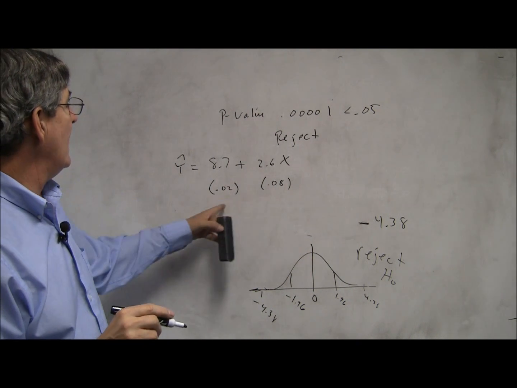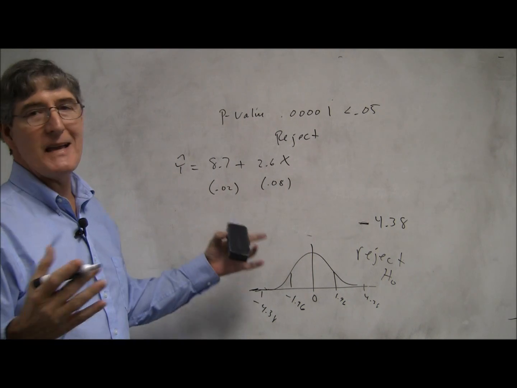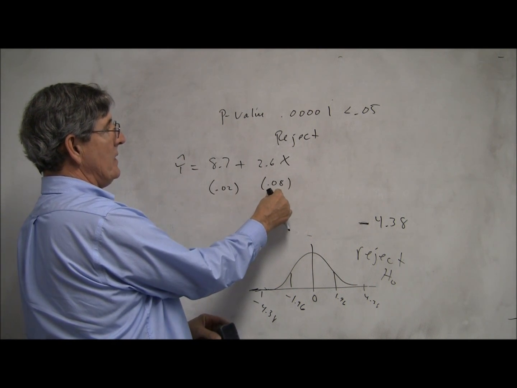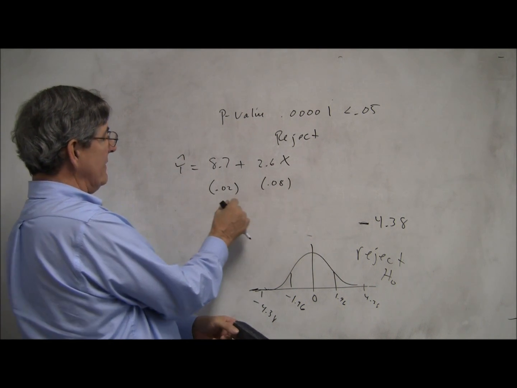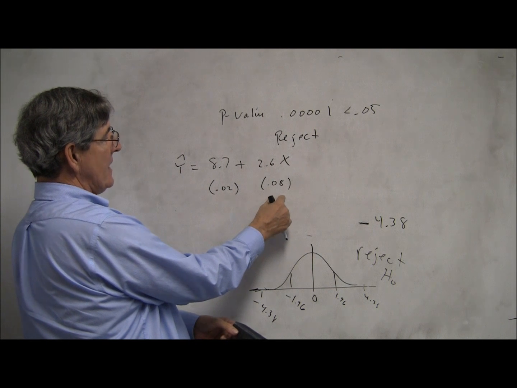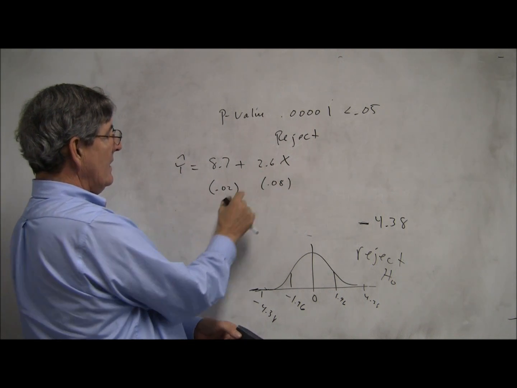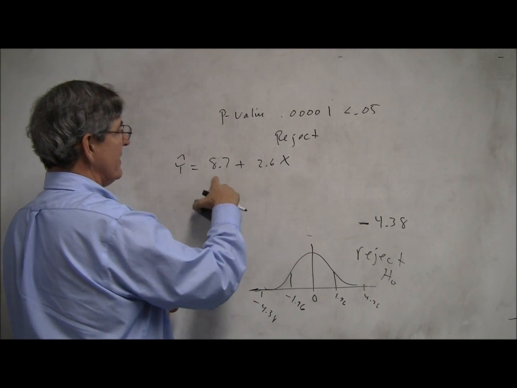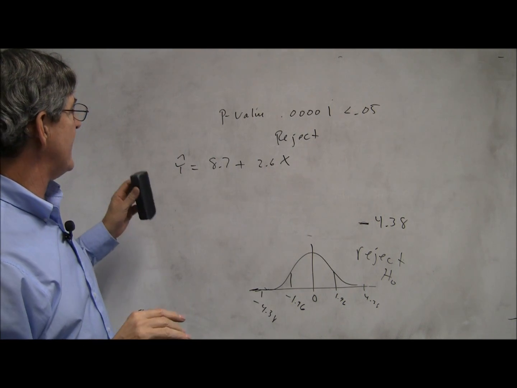If these are p-values rather than standard errors, and they have to tell you in the text of the table, then we would fail to reject this one because 0.08 is bigger than 0.05, and we would reject this one. But most of the time, they don't put the p-values in there. They put the standard errors. That's the standard.